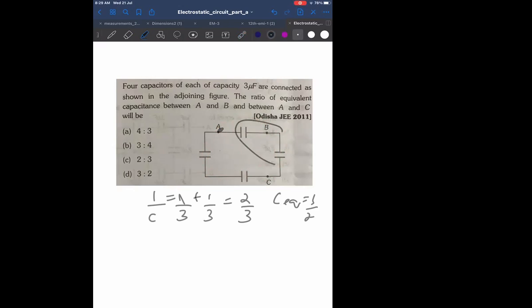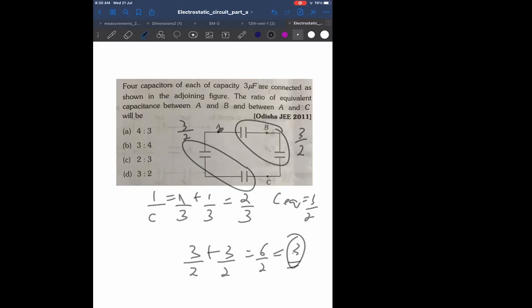They are in parallel, so 3 by 2 plus 3 by 2 is 6 by 2, which becomes 3. Therefore, the answer between A and C is 3, and the ratio is 4:3.